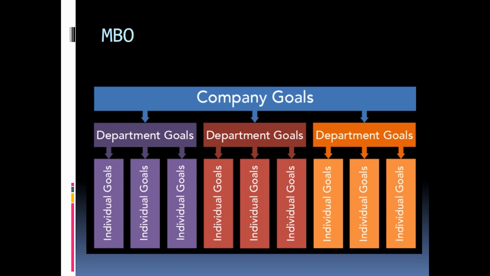So until and unless that awareness, that clarity is there, the work will not be done in the appropriate manner. The complete MBO system aims to get managers empowered with implementing and achieving their plans, because at the end, it is the organization which is benefiting out of it.